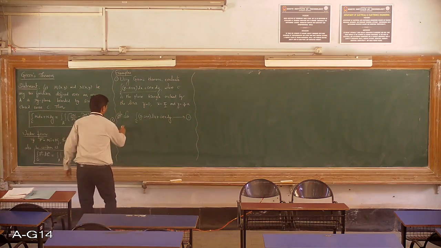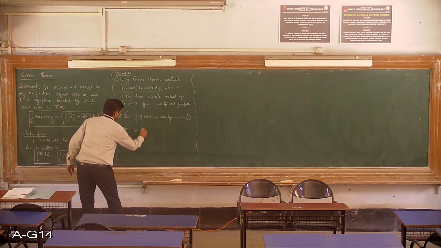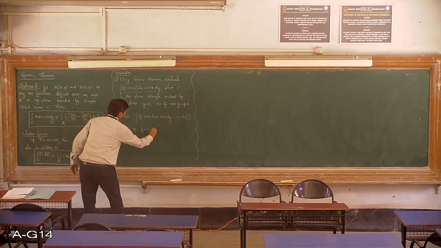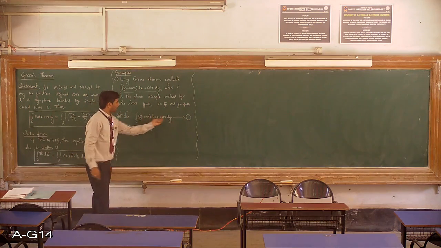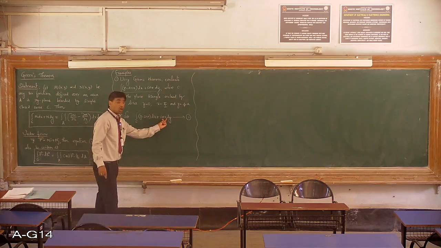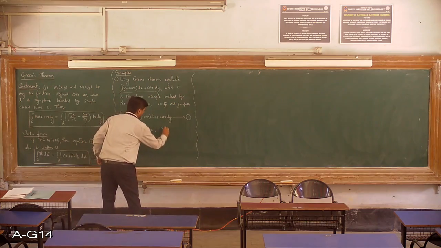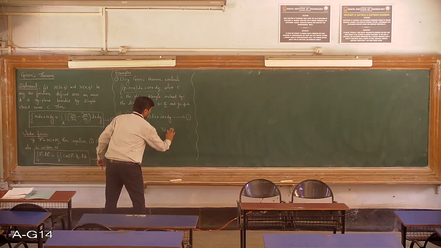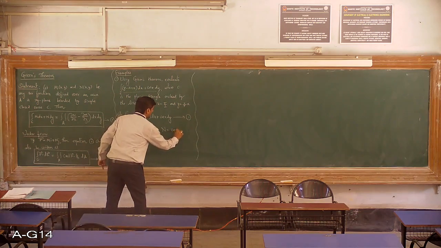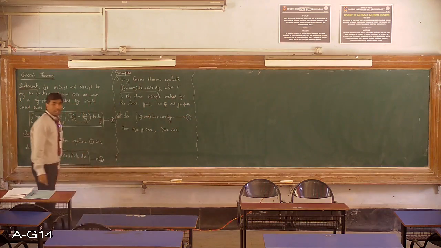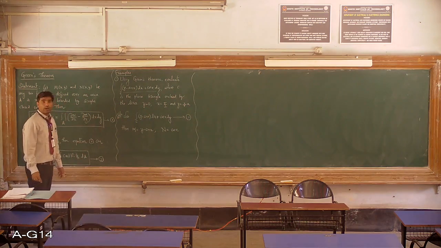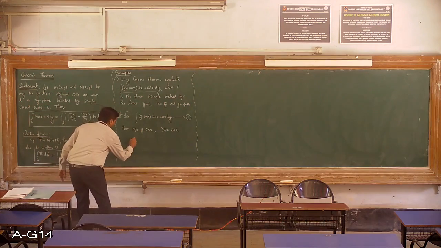Here what is M? Here M equals y minus sin x. One can very easily understand, this is M dx plus N dy. So M is y minus sin x, N is cos x. Now what we want is ∂N/∂x and ∂M/∂y. So here I'll write ∂M/∂y.